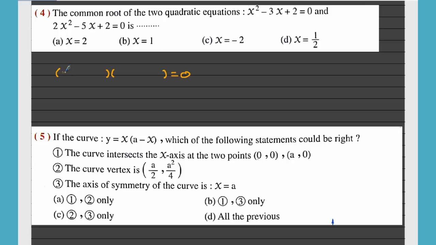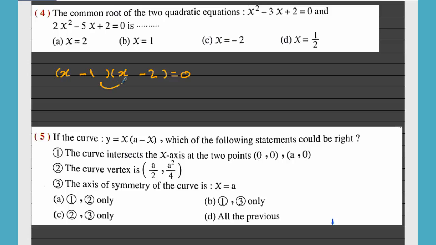x squared equals x multiply x. 2 equals negative 1 multiply negative 2. Again, x multiply x equals x squared. Negative 1 multiply negative 2 equals positive 2. And when you add the product of the means plus the product of the extremes, what do you get?